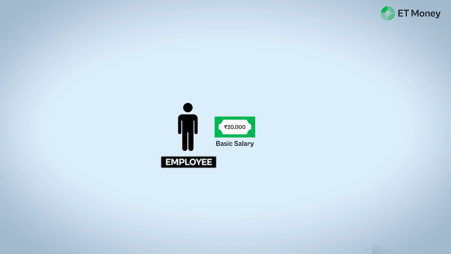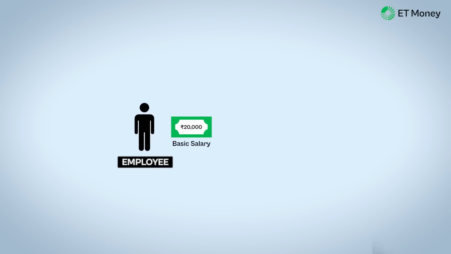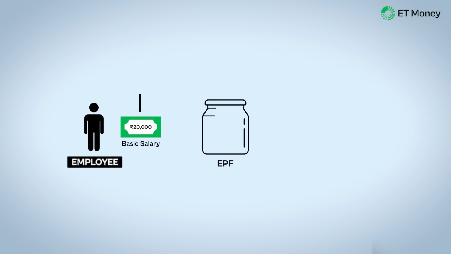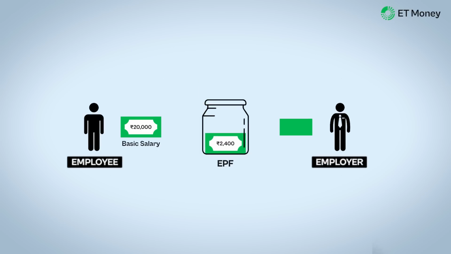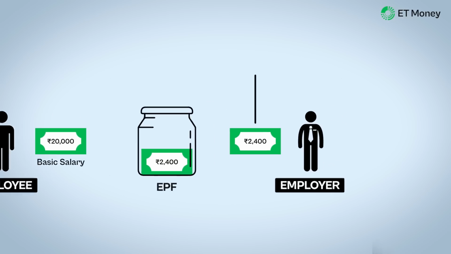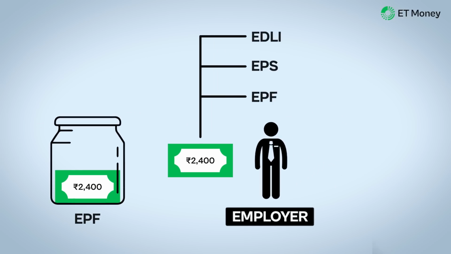These rules may sound complicated, so let's understand them with an example. So let's say you have a monthly basic salary of 20,000, and as we discussed earlier, your EPF contribution will be 12% of this 20,000, so 2,400. Next, your employer is also contributing 12%, which comes to another 2,400. From this amount, contributions will be made towards the EPF, the EPS, and the EDLI.